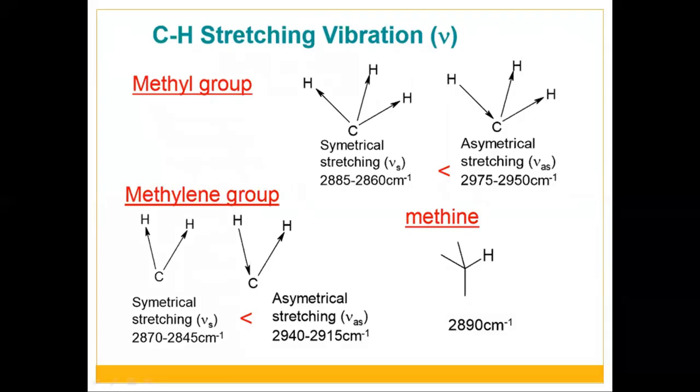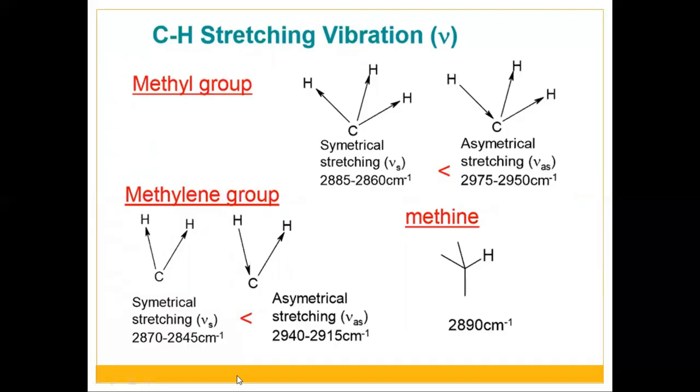Methyl group, methylene group and methine group. There will be three types of CH bonds observed in alkanes. So starting with the methyl group, there will be two types of methyl stretching, that is symmetrical and asymmetrical stretching. Symmetrical stretching will be at 2860 to 2885 per centimeter, whereas asymmetrical stretching will be between 2950 to 2975 per centimeter.